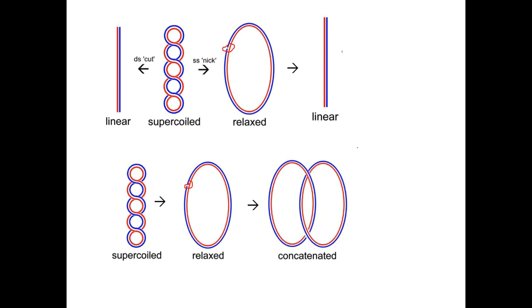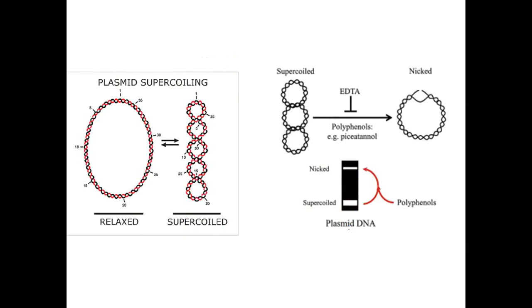You can see here. But in some cases, the relaxed form nicked at one site may undergo catenation, and cross-linked chains can be formed that will show a different form of DNA structures. This is the relaxed equilibrium between the supercoiled DNA and the relaxed DNA, right?